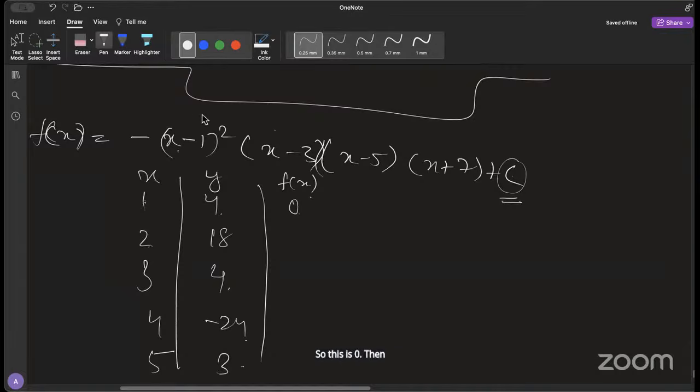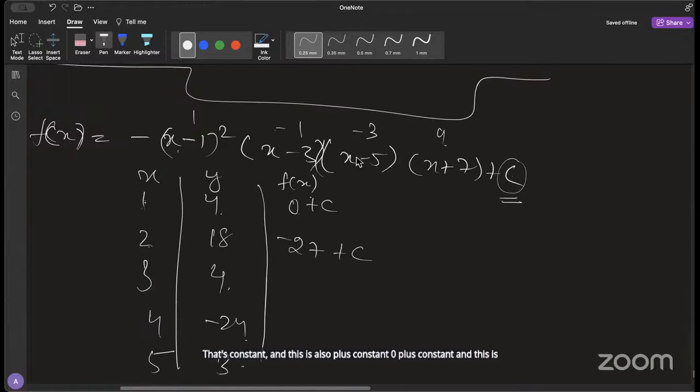Then at 2, this will be 1, this will be minus 1, this will be minus 3, and this will be 9. So this is 27 and negative 27, right? Minus 27 plus constant. And at 1 it's 0 plus constant.